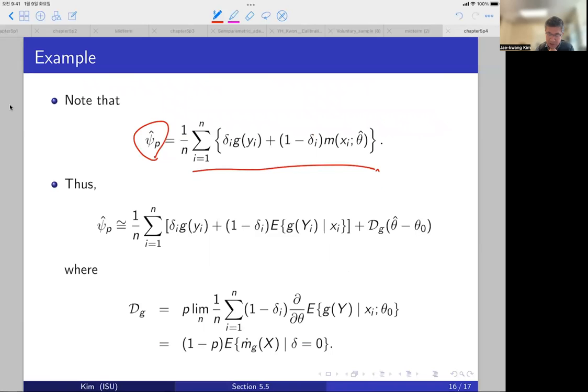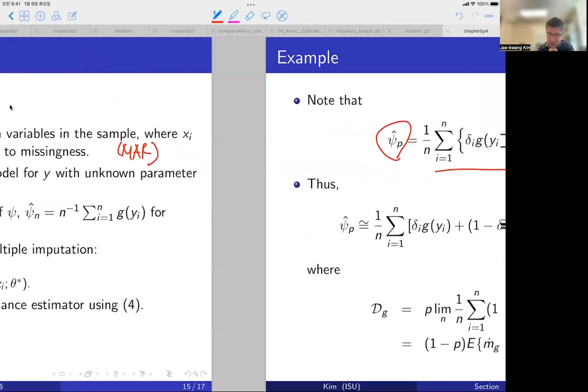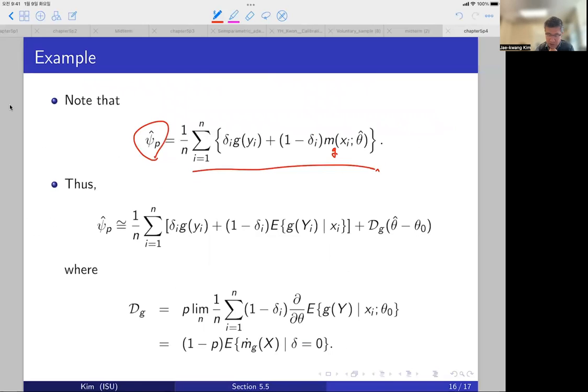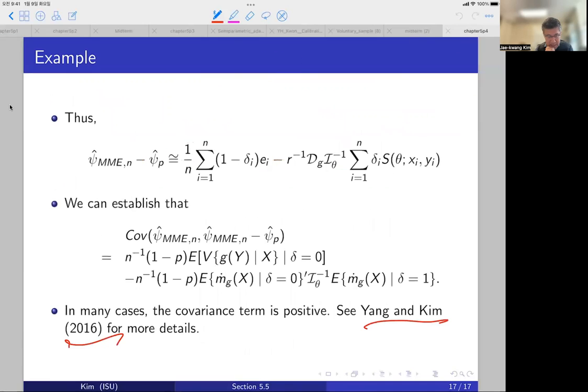This is M, this is actually G, the conditional expectation. The covariance has this form, and after some algebra we can obtain this one. This covariance term is in many cases positive, because it is a kind of lower bound, of Cramér-Rao type.